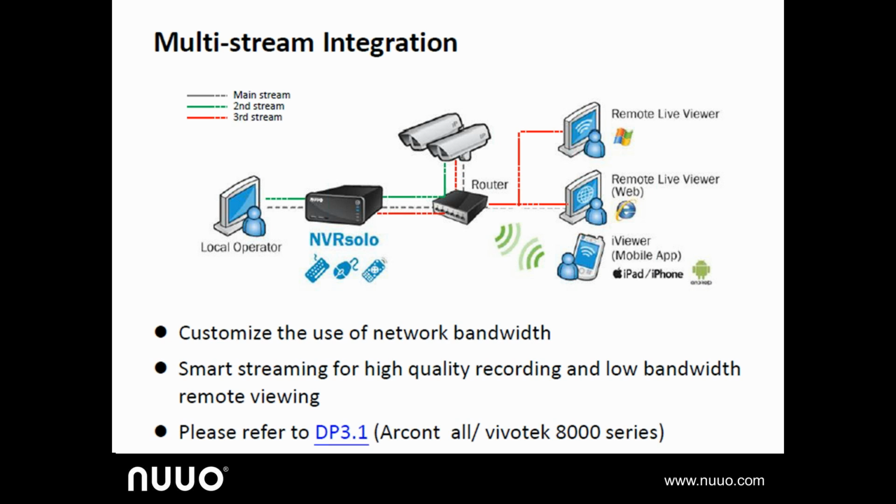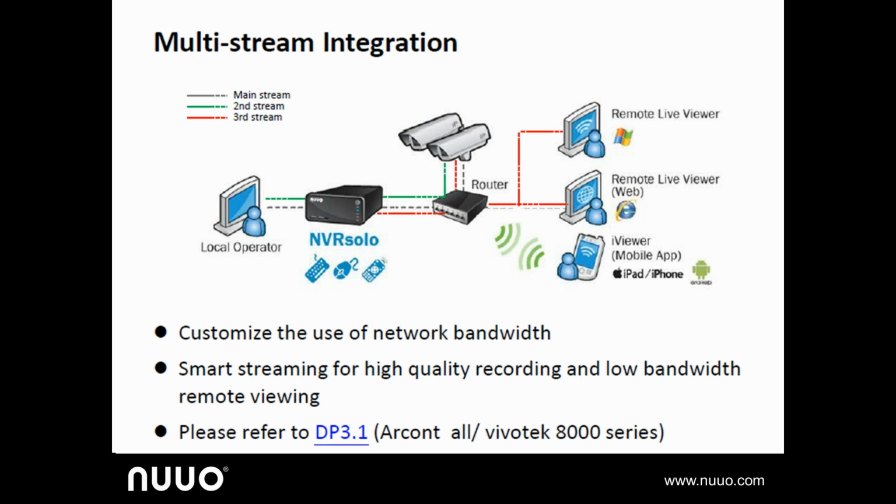Since it's a new feature, not all the cameras support this multi-stream function. You have to refer to our camera support list to see if your camera model actually supports this feature.